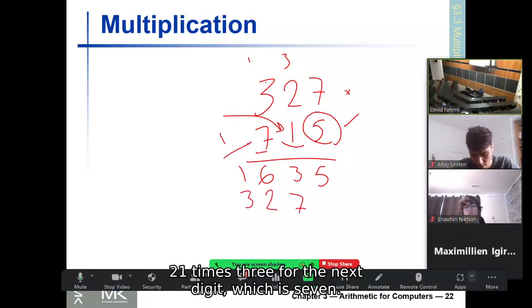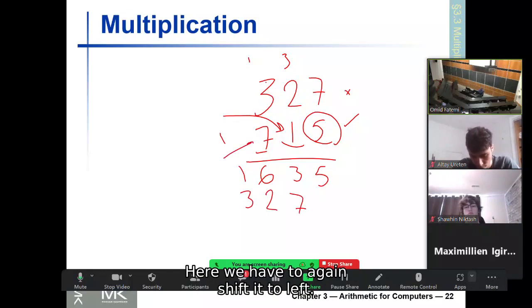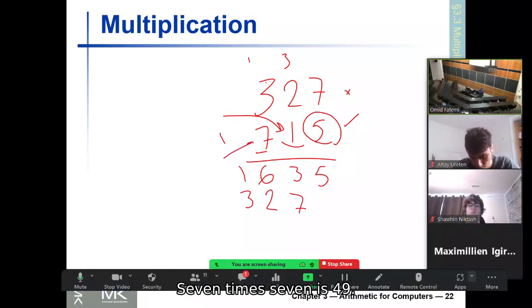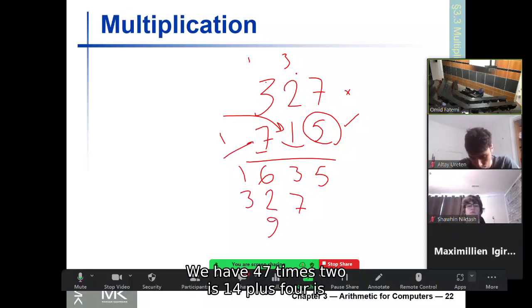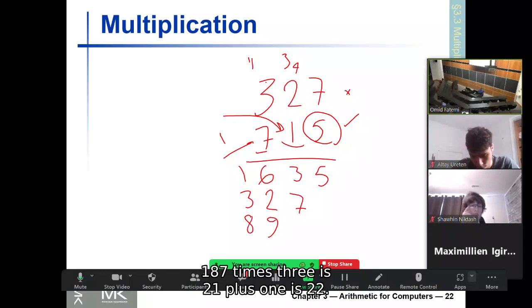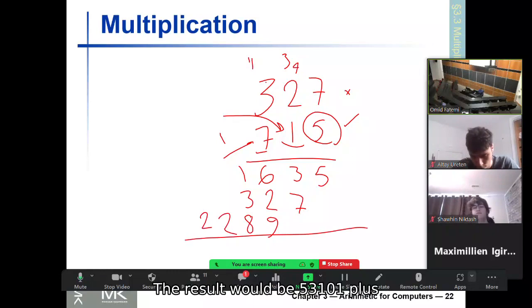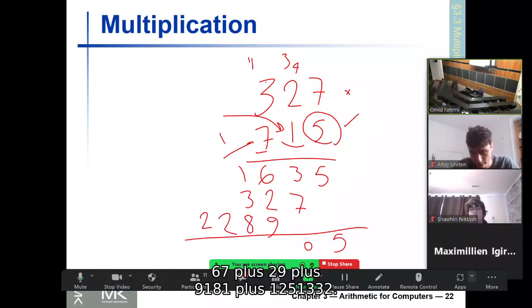For the next digit, which is 7 here, we have to again shift it to the left. 7 times 7 is 49, so we have 4 here. 7 times 2 is 14 plus 4 is 18. 7 times 3 is 21 plus 1 is 22. So the result would be 5, 3, 10, 1 plus 6, 7 plus 2, 9 plus 9, 18. 1 plus 1, 2, 5, 13, 3, 2.